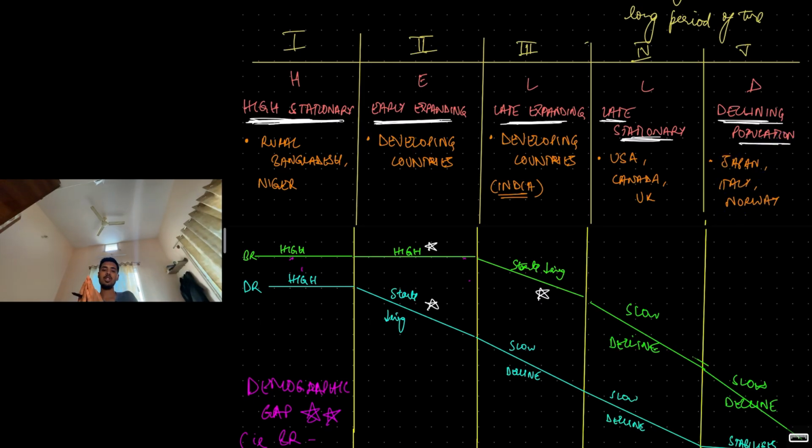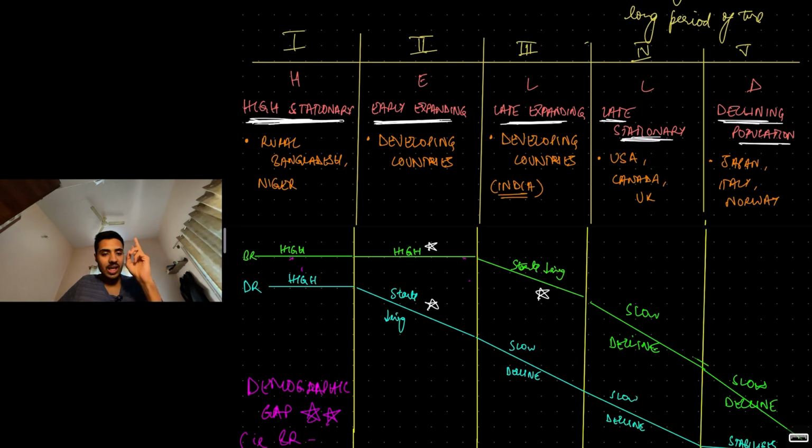Understood? So stage 1: high birth rate, high death rate, demographic gap narrow, high stationary. Stage 2, early expanding: birth rate remains high, death rate starts decreasing, so the demographic gap starts increasing, and at the end of stage 2 the demographic gap is the maximum, the demographic trap, explosive population growth. Stage 3, late expanding: birth rate has started decreasing, death rate continues on slow decline, but birth rate is still more than death rate.